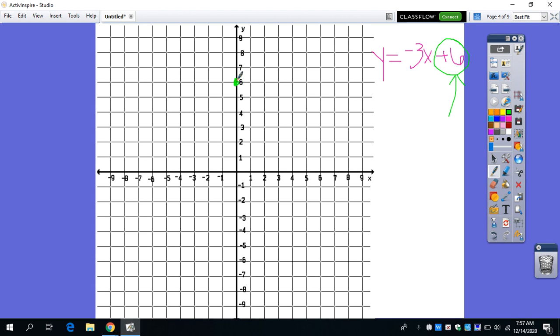First point belongs there. My next one is I have a negative 3 as my slope. So again, I have a negative 3 alone, which means automatically it's over the number 1. So again, this is negative, so I'm going to go down. And this is still going to be to the right.